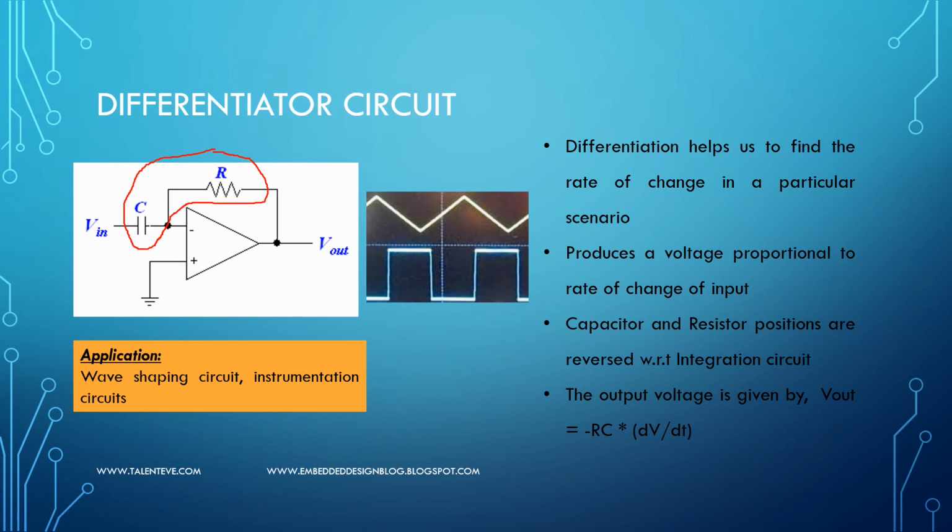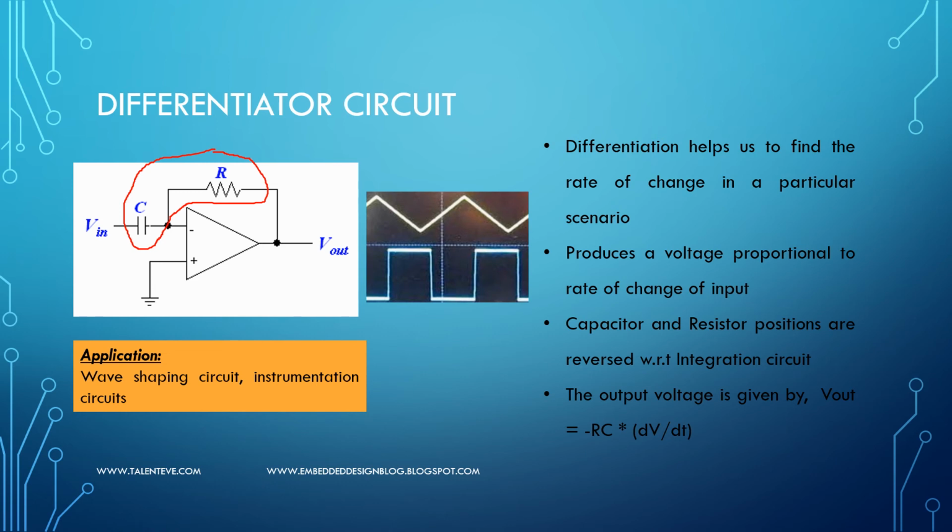That means the rate of change of a particular signal can be known using differentiation. Differentiation helps us to know that proportional change. That is what the op-amp differentiator also does.